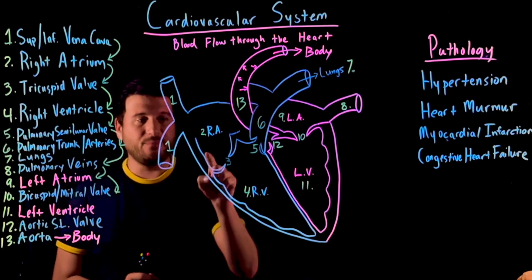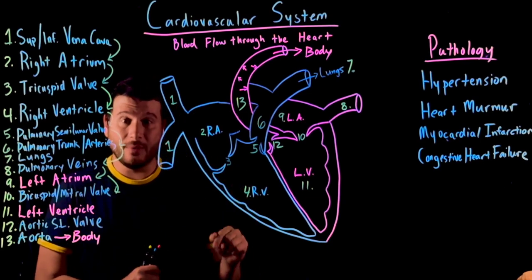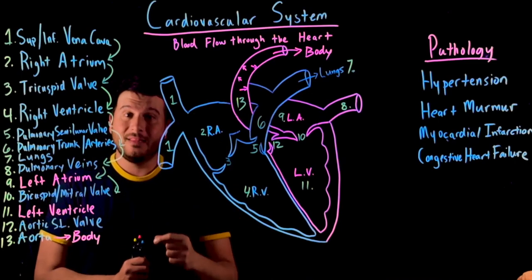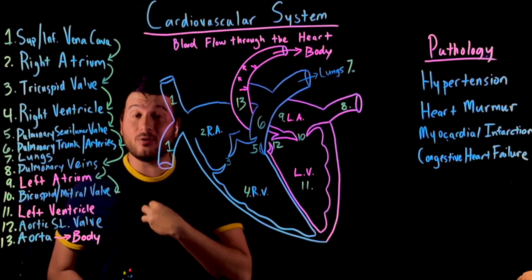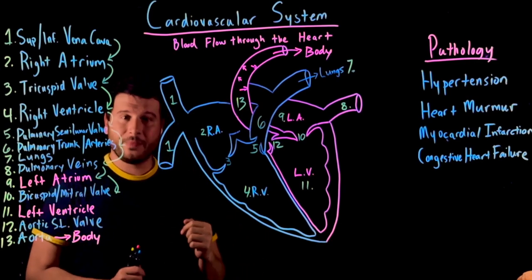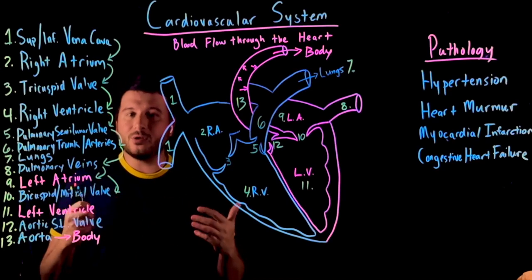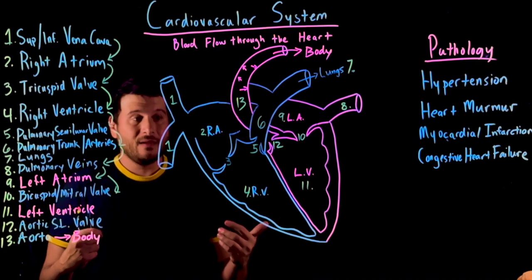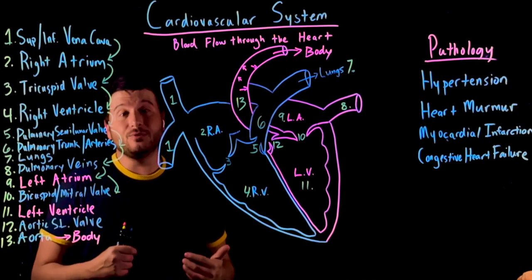And sometimes if blood flows abnormally through them, or even flows backward through them, called regurgitation, that causes you to hear a sound when you're listening with your stethoscope, and that's called a heart murmur.